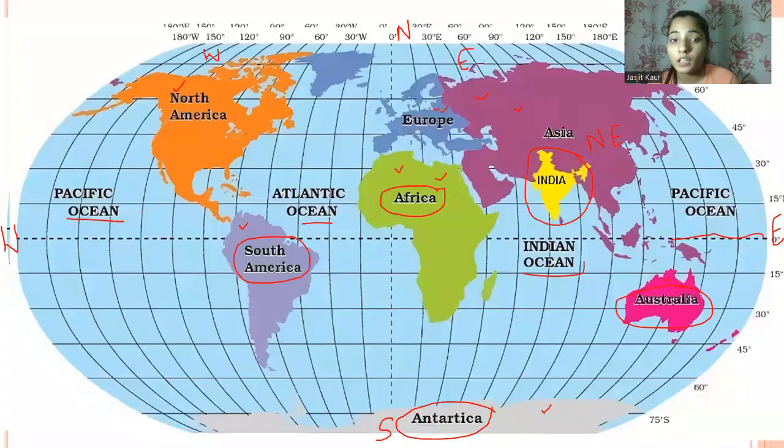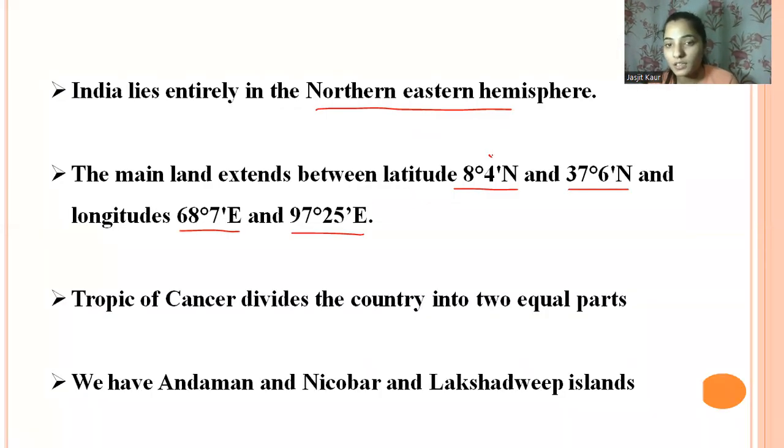Just like the equator, which divides the earth into two equal parts, different latitudes and longitudes are there on the globe. So we have different latitudes and longitudes in India also, and the latitudinal and longitudinal extent is mentioned here. You have to remember the latitudinal and longitudinal extent.